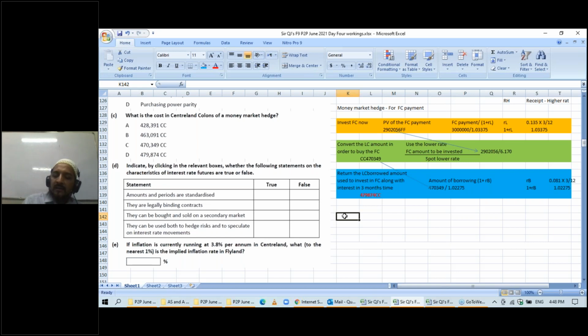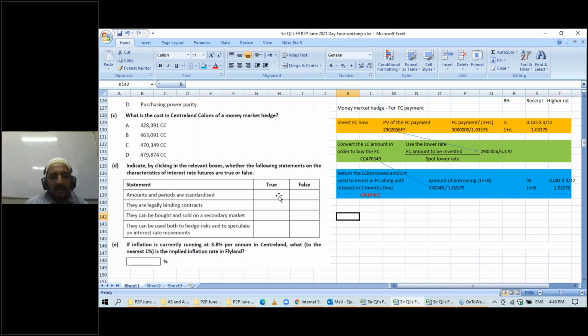Contracts whose prices are quoted in advance and remain the same on all contracts are known as standardized. So it is true that interest rate futures are standardized contracts.